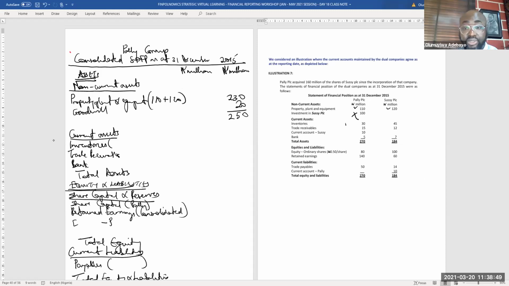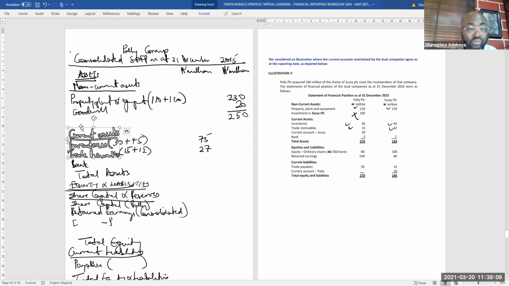Inventory 30, 45. That's 75. Receivable 15 and 12. That's 27.